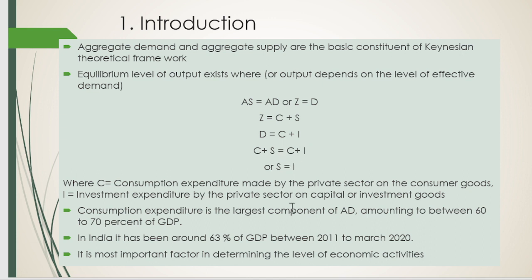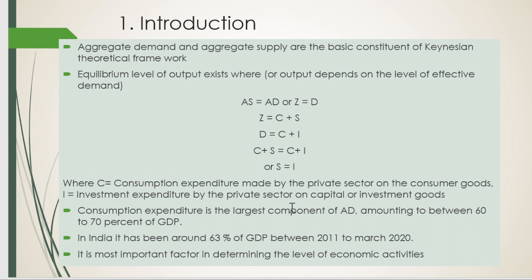Now if we talk only about consumption expenditure, which is a very important component of both aggregate demand and aggregate supply, it is basically the largest component of aggregate demand, and it amounts to between 60 to 70% of GDP. In India it has been around 63% of GDP on average between 2011 and March 2020.